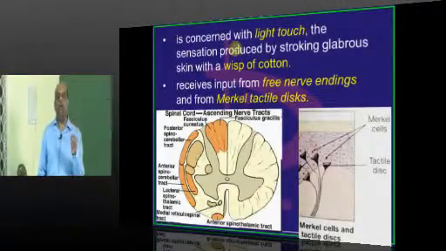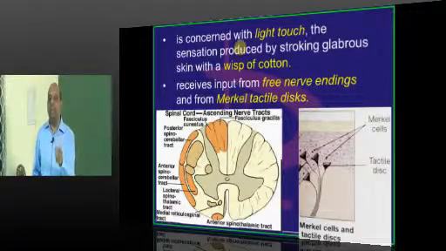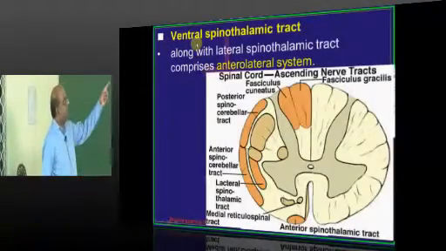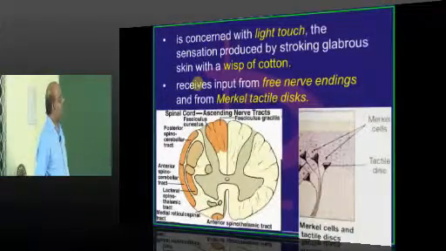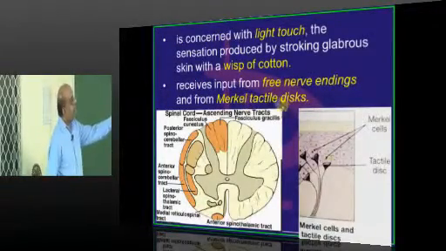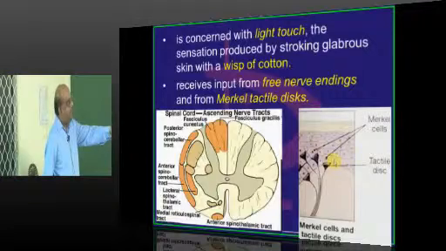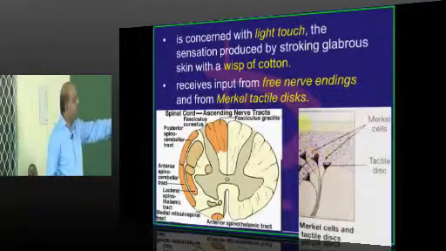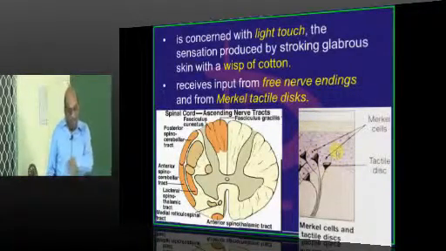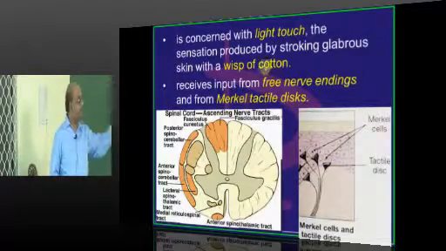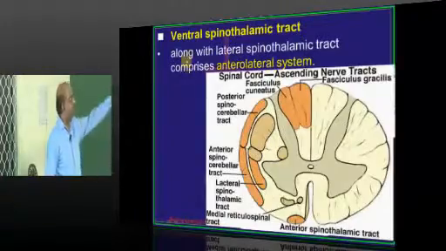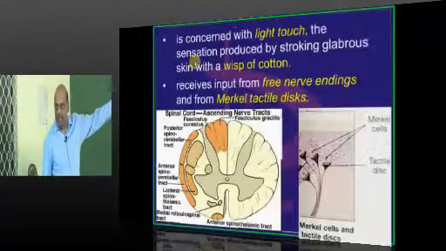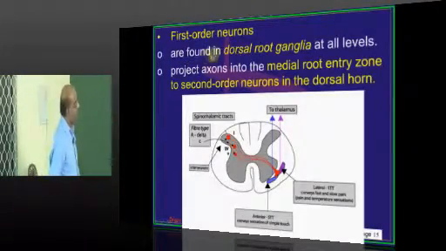If I take a wisp of cotton and make you feel it, how is it carried, doctor? It is by the ventral spinothalamic tract. So it is the Merkel's tactile disc and the free nerve endings which bring the sensation of that light touch like the wisp of cotton, which is carried by the ventral spinothalamic tract.